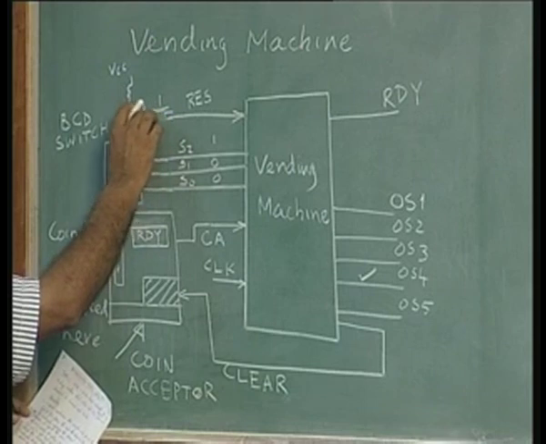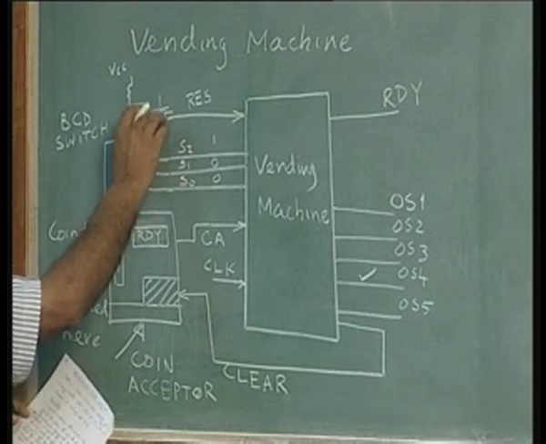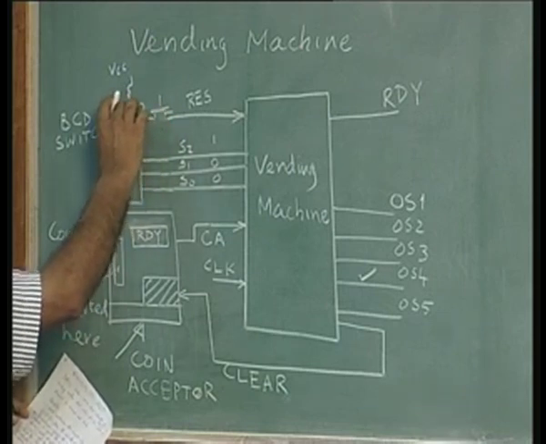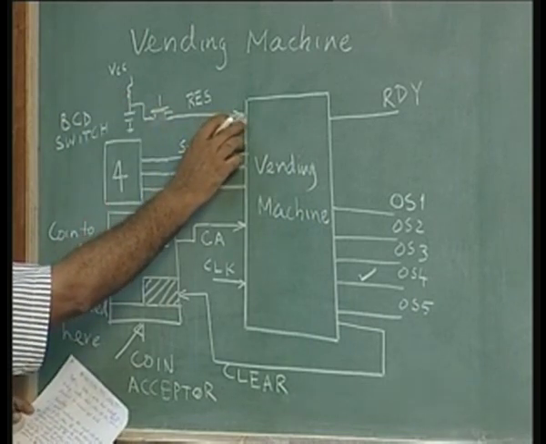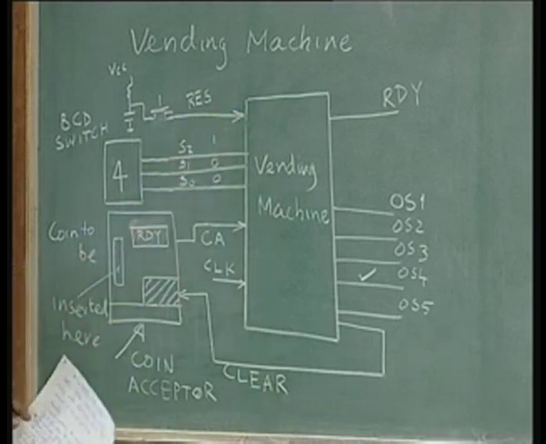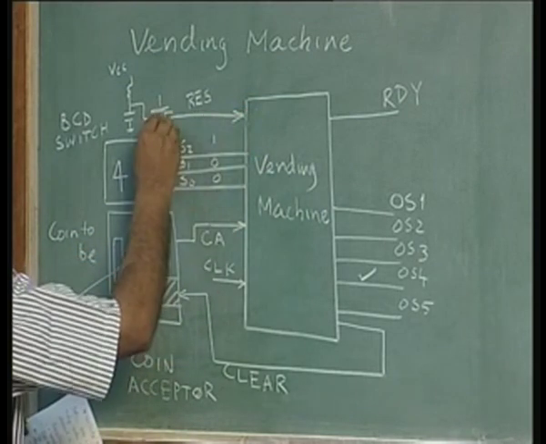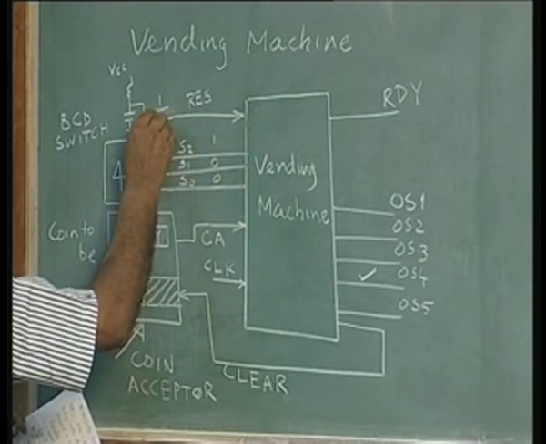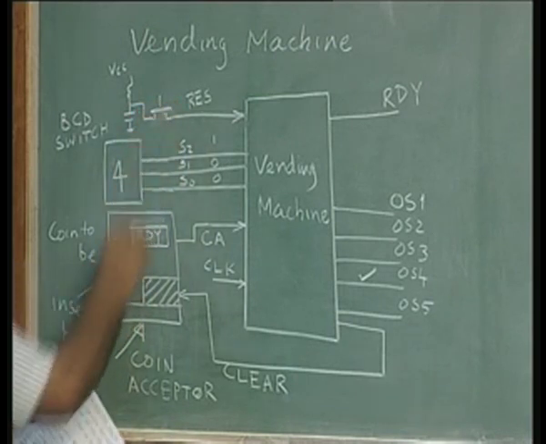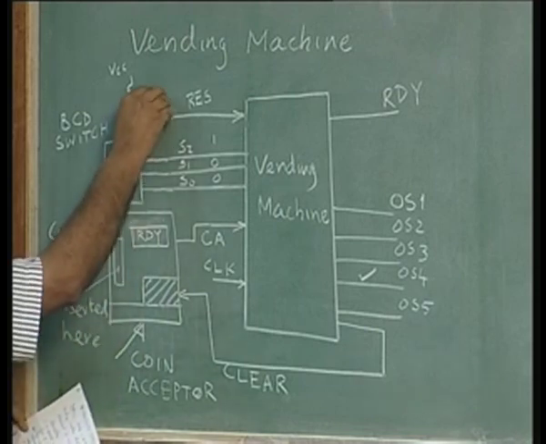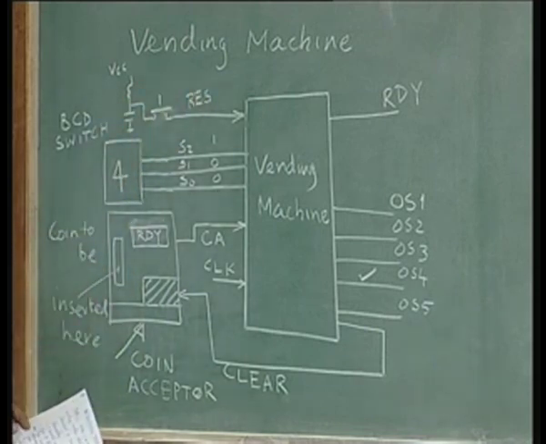When you close the switch, that switch capacitor voltage, the voltage of capacitor 5 volts is applied to this reset position and keep on for a while, and then that is the indication for the reset. So, this is a normal procedure they adopt in many circuitry for power on reset, they call it. So, this is how you push the button to get the reset signal.